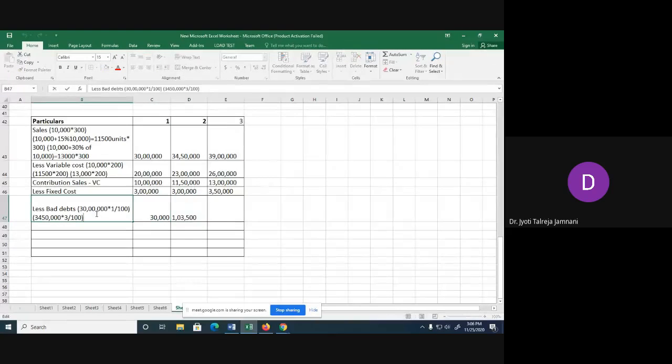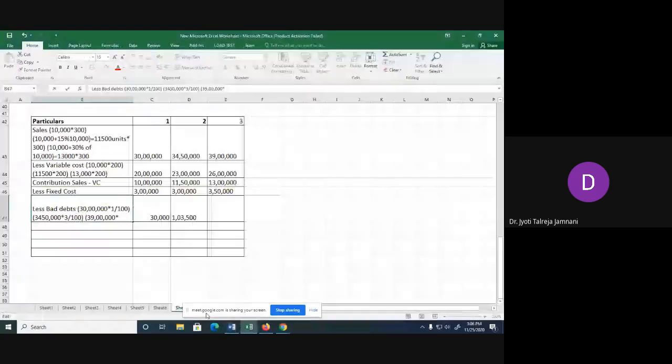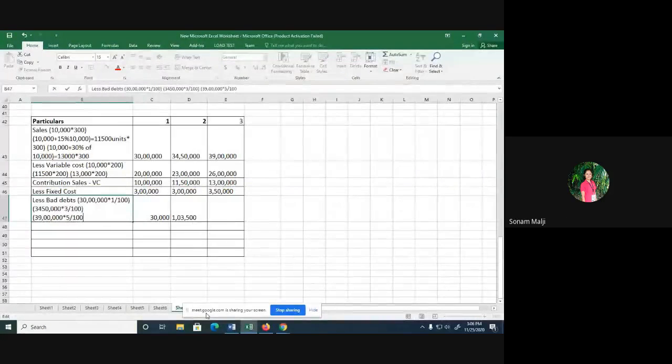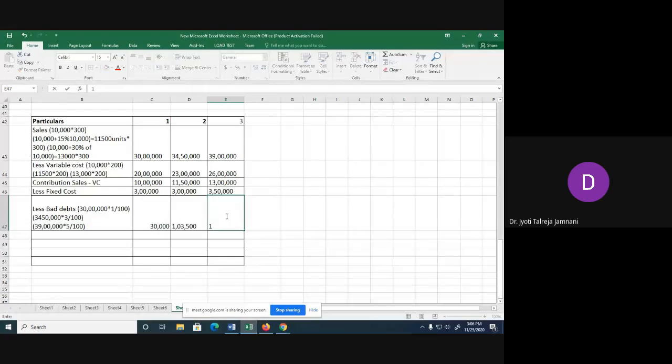And then the third, the sales is 39 lakhs into the bad debt percentage is 5%. 1,95,000.